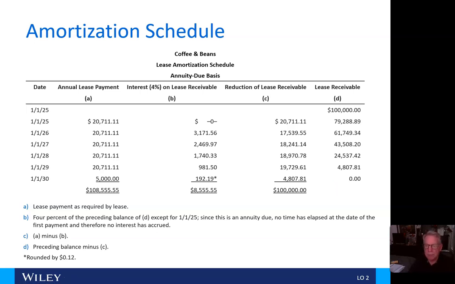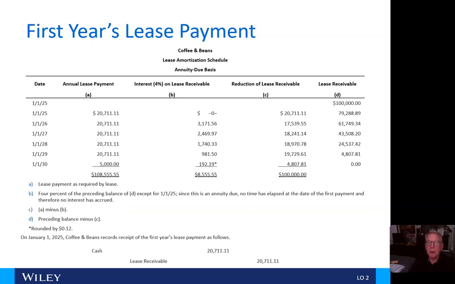Now, the first year's lease payment. Here's our first year's lease payment up here, and we debit cash because we're receiving that, and credit lease receivable to reduce our lease receivable.